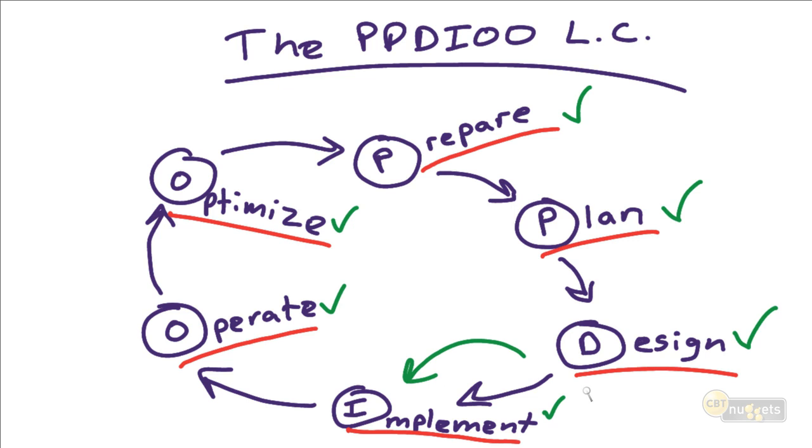Now, I know someone watching this video right now says, Anthony, boy, it'd be nice to hand off the design to someone. In my organization, I'm responsible for all of this life cycle. Well, just look at it this way. If you do the preparing and the planning and the design work great, your life's going to be easier then when you implement, operate, and optimize.